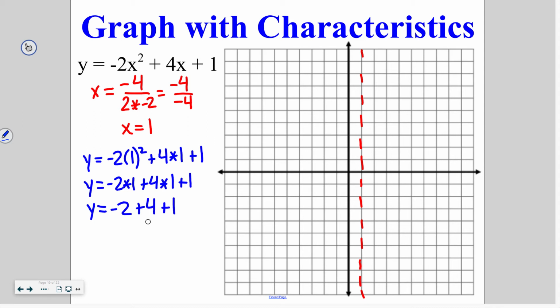Negative 2 plus 4 is 2, plus 1 gives me y is equal to 3 for a vertex point of 1, 3. So I'm going to go over on my graph and go over 1 and up 3.